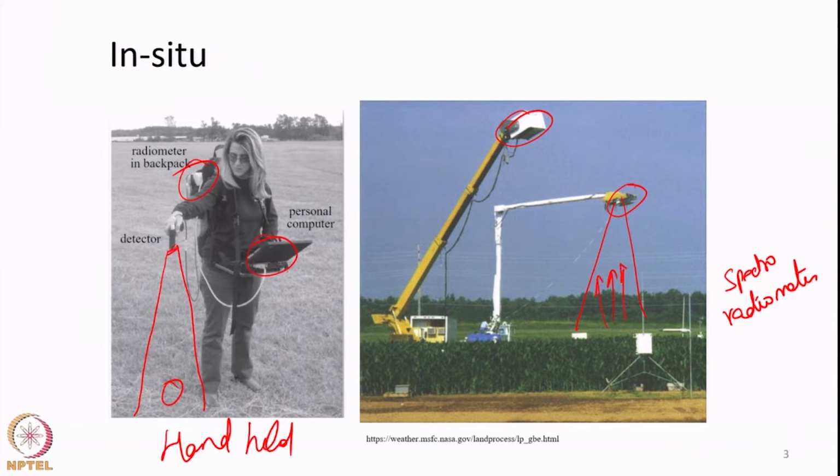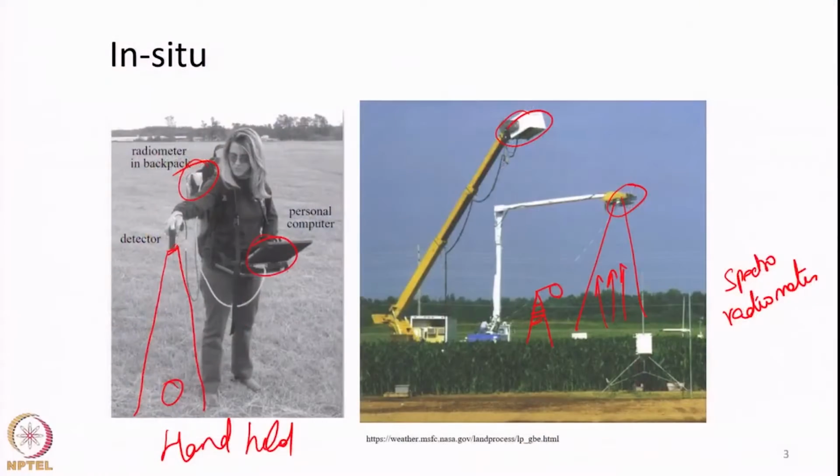Similarly, we can place such sensors mounted on towers. Say we have a tower-like structure here, we can keep the sensor mounted on this tower. It can be a semi permanent installation, there for a few months or a few years, or it can be there permanently.